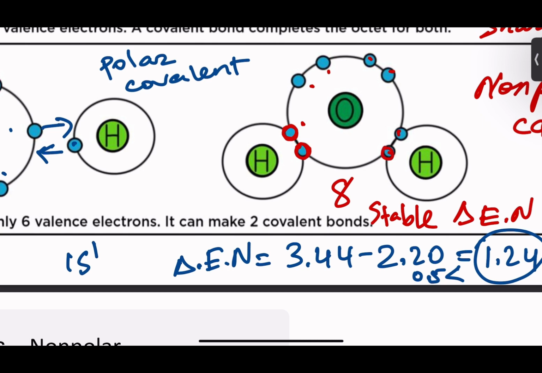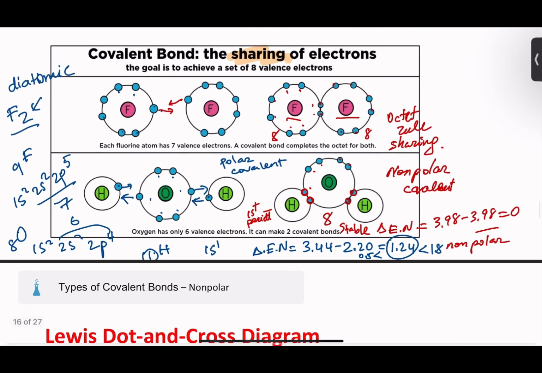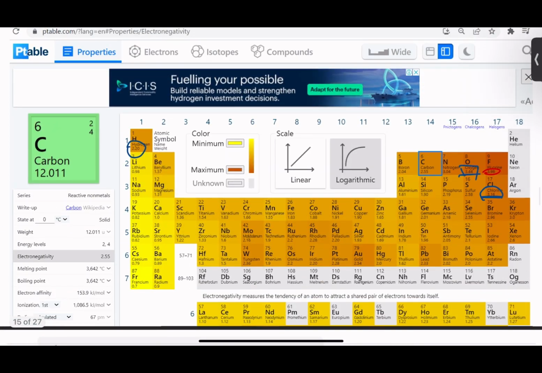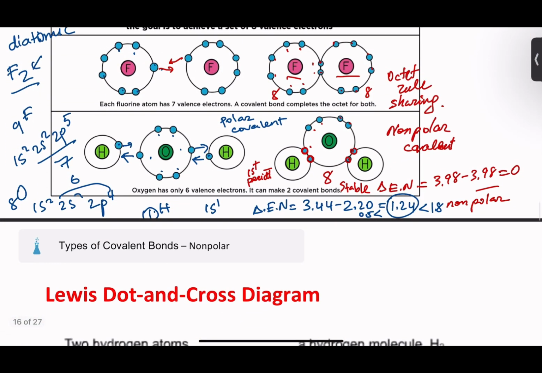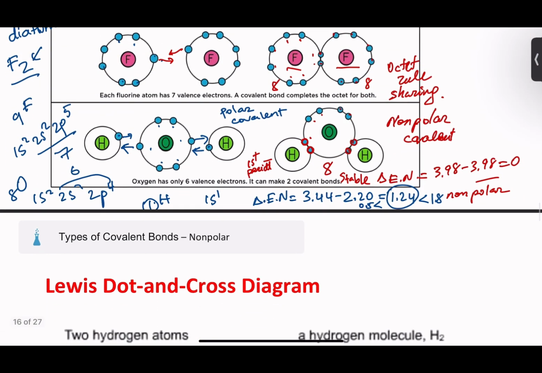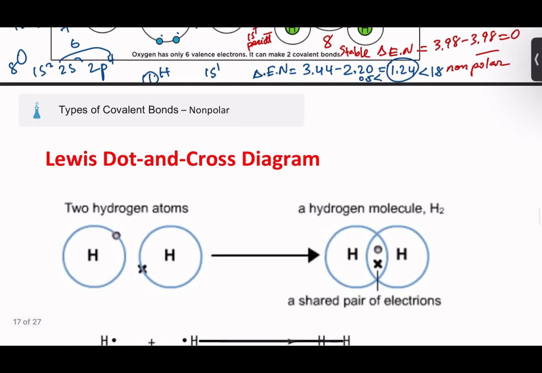It's just 2 electrons. You see here, hydrogen here. Hydrogen can only have 2 electrons. So once hydrogen completes the 2 electrons, hydrogen is stable. Okay, so this is how the covalent bonding happened.